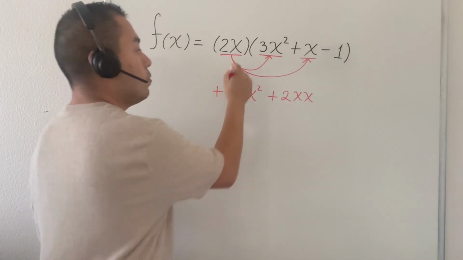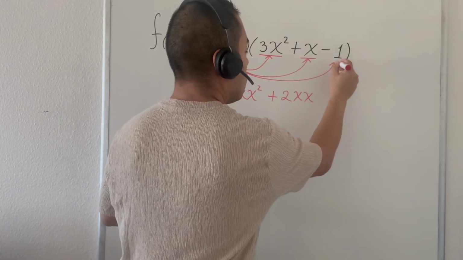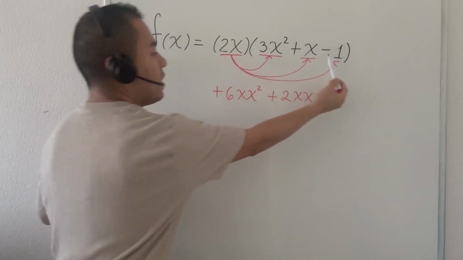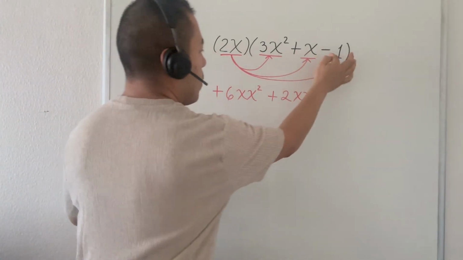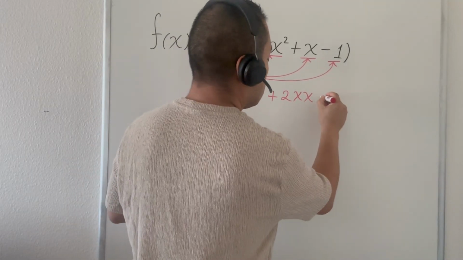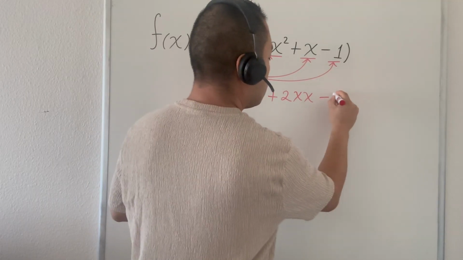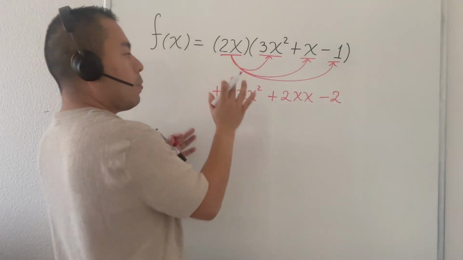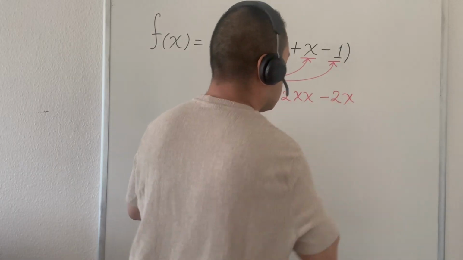And the third, this term by the last of the trinomial. The same procedure. Plus by minus, minus. 2 by 1, 2. And now the variables, x by nothing. We don't have variables here, so it's just x.